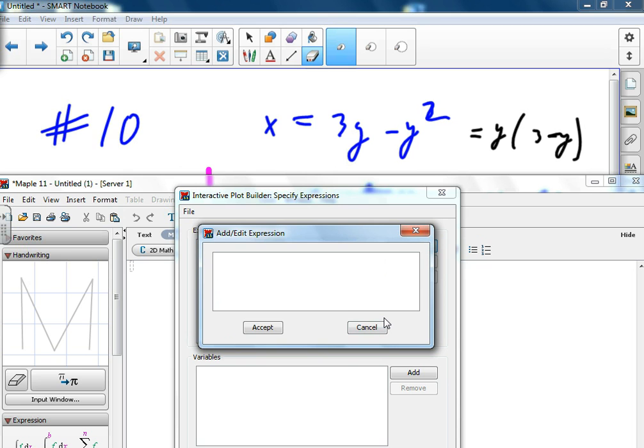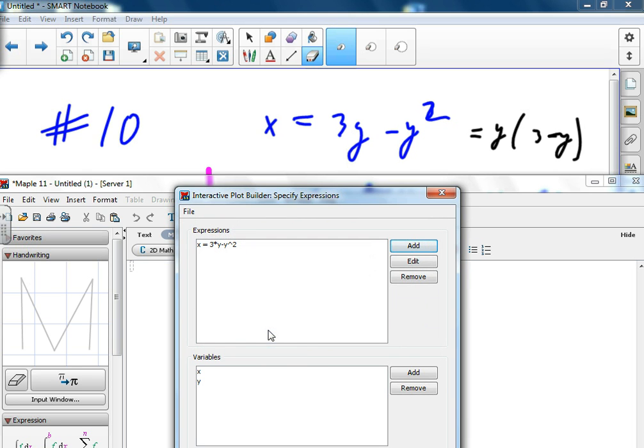Okay, so I got x equals 3 times y minus y squared. Do I have the right equation? Yes, I do.